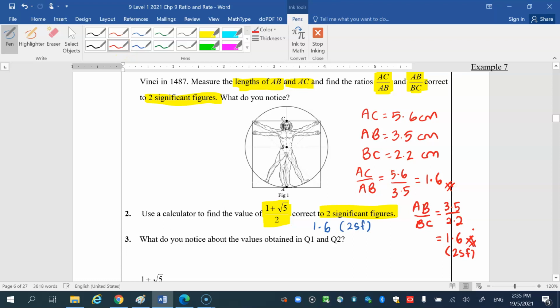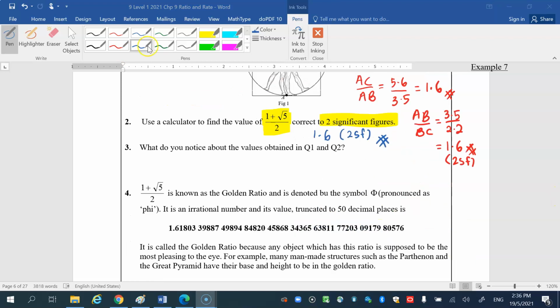Aha, so what do you notice about the values obtained in question 1 and question 2? They are the same. Okay, so let's write that down. They are the same. And this is what we call the golden ratio.